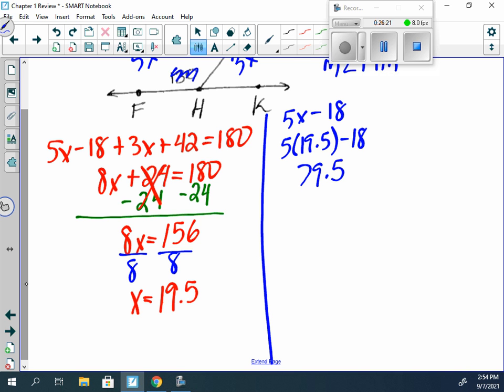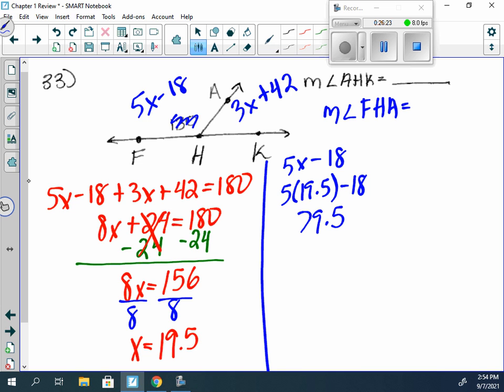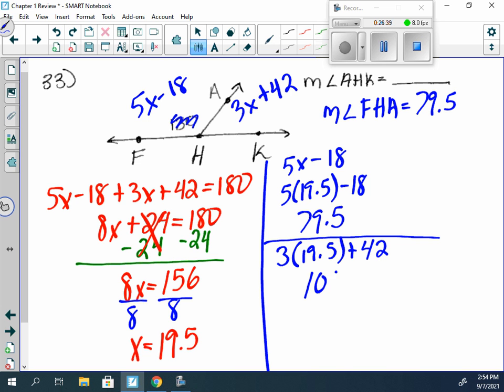So the measure of FHA is 79.5. Guys, if we plug it into the other one, 3 times 19.5 plus 42, we will get 100.5 degrees.